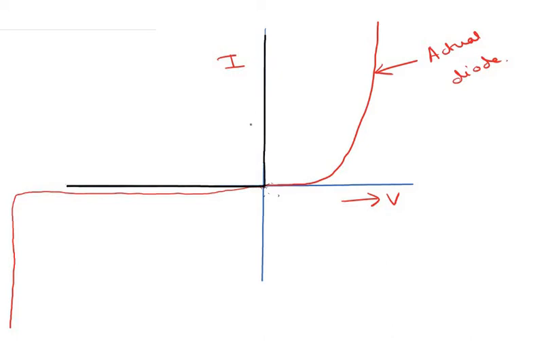So this is the current voltage characteristics of an ideal diode, and this model is known as the ideal diode model.